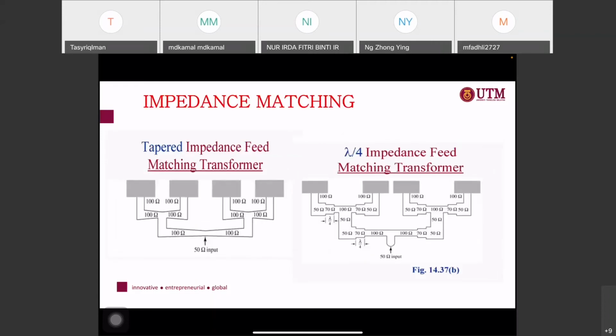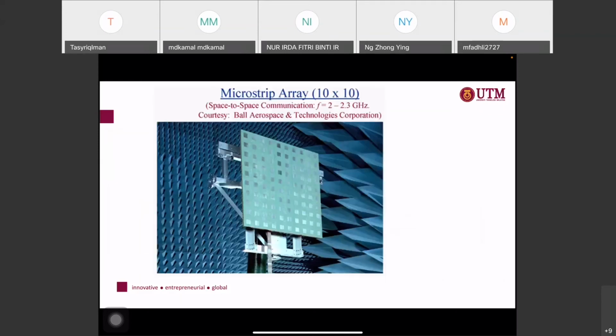The most important thing in the corporate feed, we are talking about the corporate feed here, is the matching. Usually you match with 50 ohms, and from these 50 ohms you want to find the values of this particular impedance. For example, you are using matching transformers, quarter wave, and so on, to match with the antenna that you have, in order to make the array. Okay, so this is an example of the array.